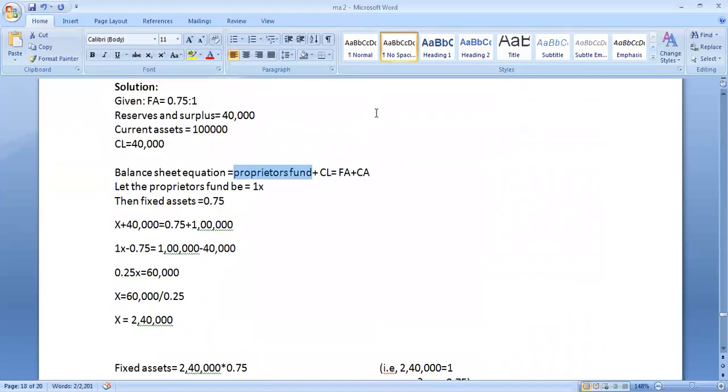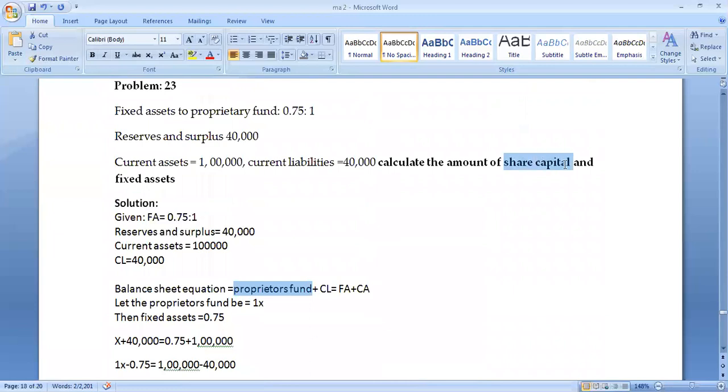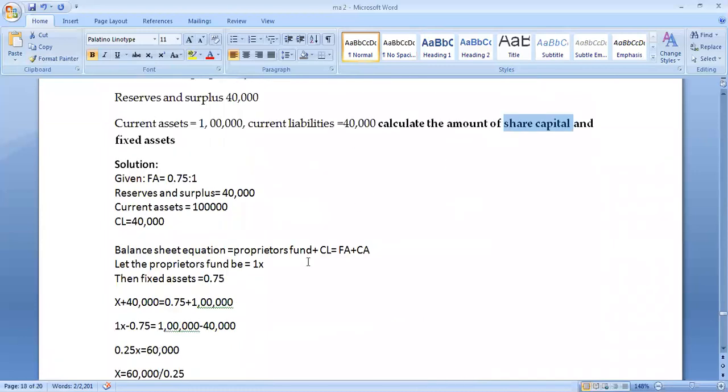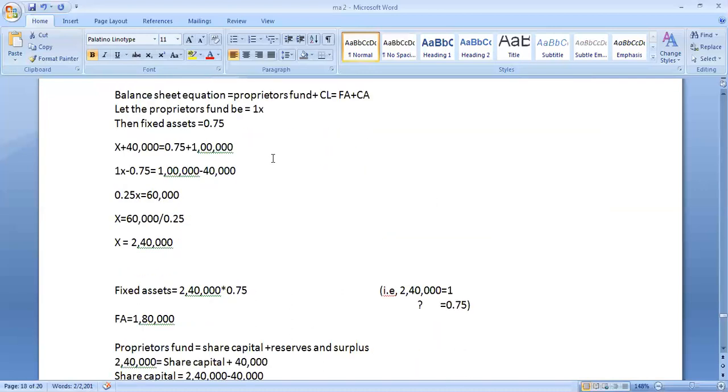You need to calculate the share capital here. You have computed the proprietor's fund. Clear? You need the share capital, but you have computed the proprietor's fund. So if you deduct the reserves and surplus, or whatever information is given, from this proprietor's fund, that gives you the share capital. Okay. Out of that proprietor's fund information, you are also asked to calculate the fixed assets by having the ratio of 0.75.